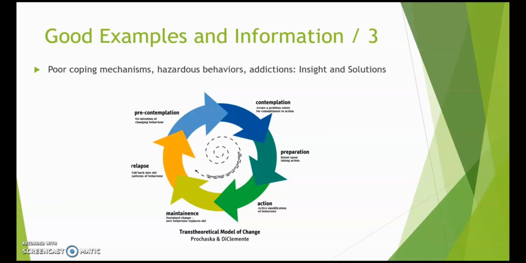This is just a brief example of the transtheoretical model of change, or the stages of change model by Prochaska and DiClemente, that focuses on a non-blaming, non-judgmental view of addiction. It's a model that can be applicable to any type of addictive behavior, from alcohol and drugs to pretty much everything.